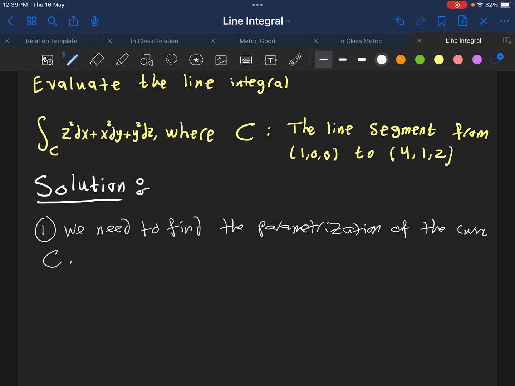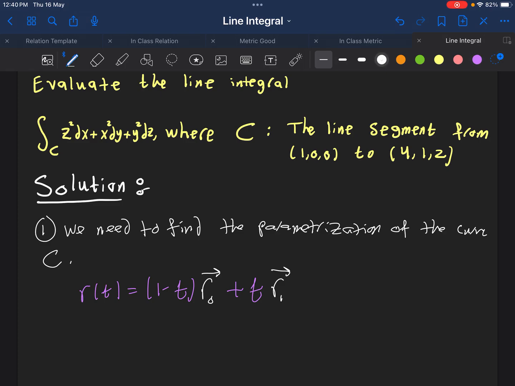Now, for the line segment, we have an equation for the parameterization, and that equation is given by r of t equals 1 minus t, this is fixed, and then you multiply it by the vector representing the first point, and then plus t, and then you multiply it by the vector representing the second point.